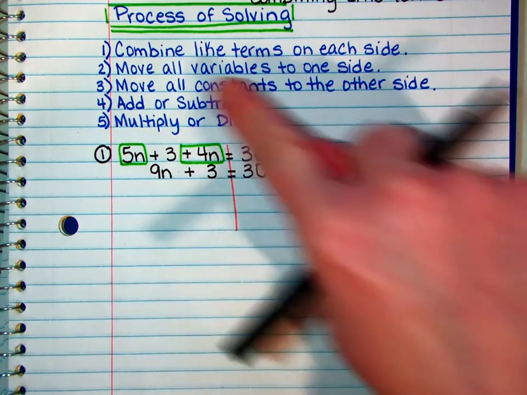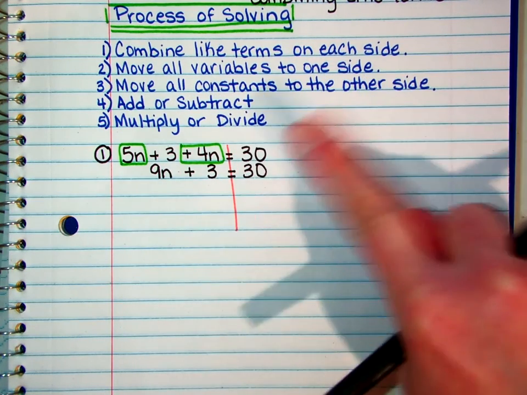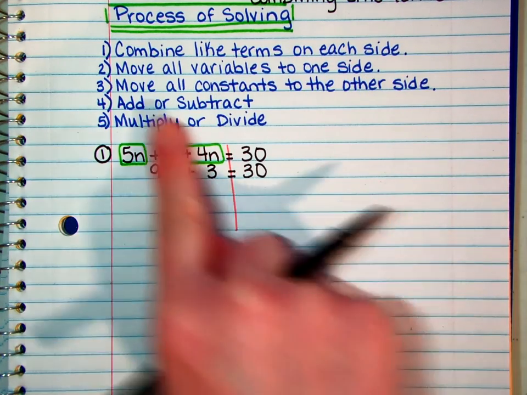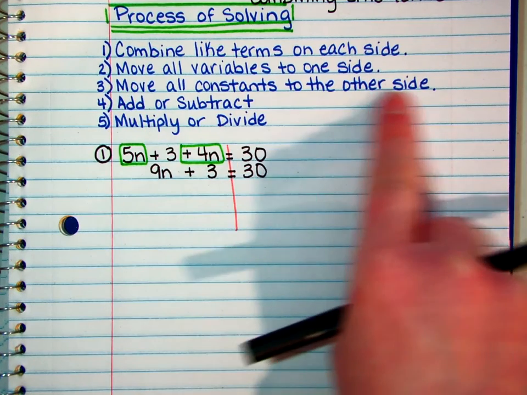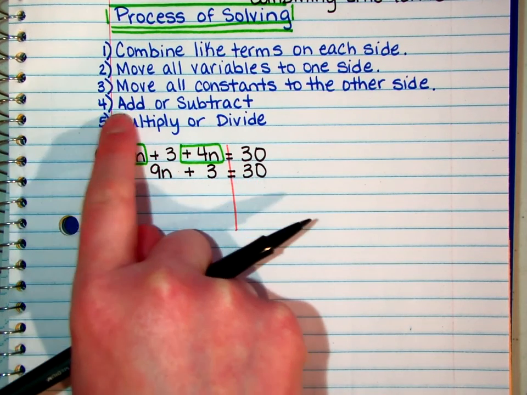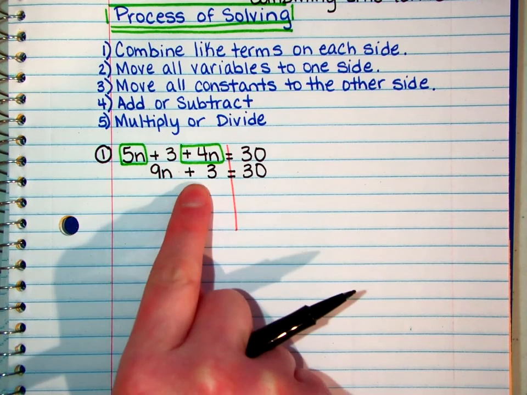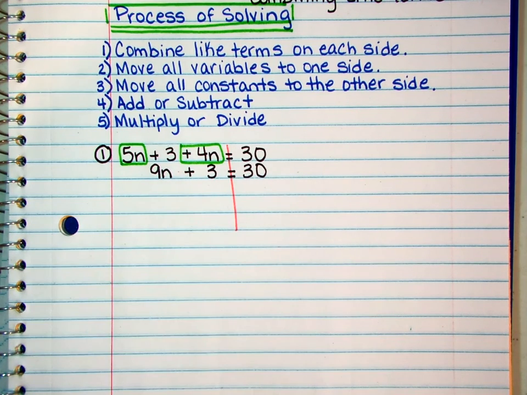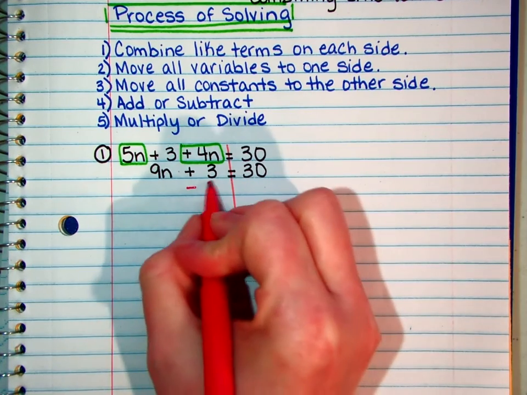Because step 2, move all variables to one side, I don't need to worry about that. Step 3, move all constants to the other side, I do need to worry about that, but I'm going to have to follow step 4 to do that. This 3 needs to be with the 30, so let's move him over there. In order to move him over there, we need to subtract 3 from both sides.